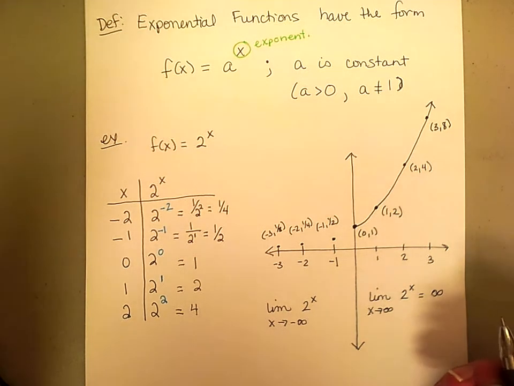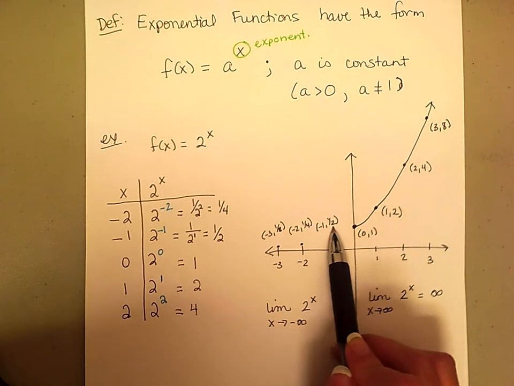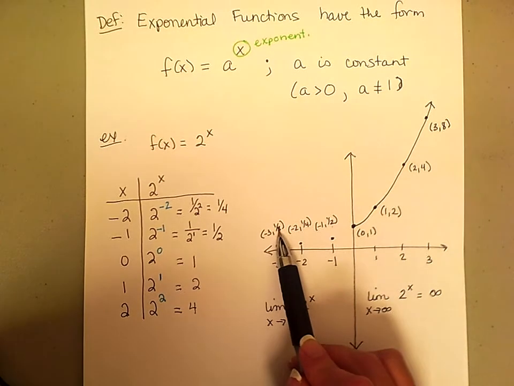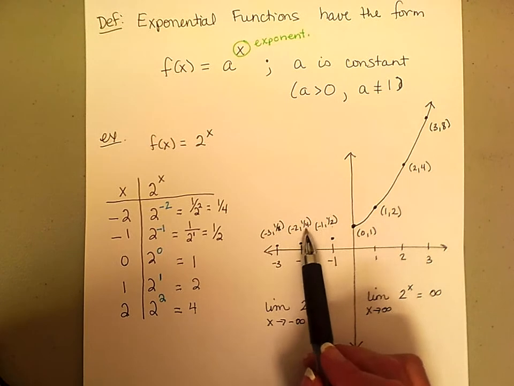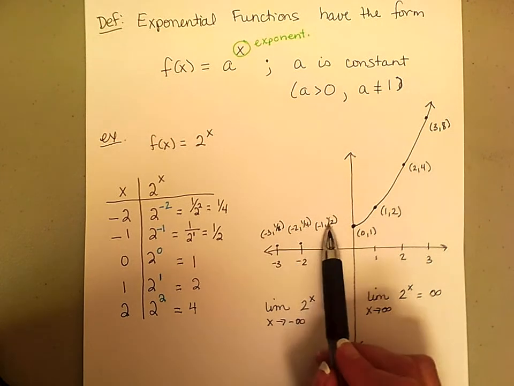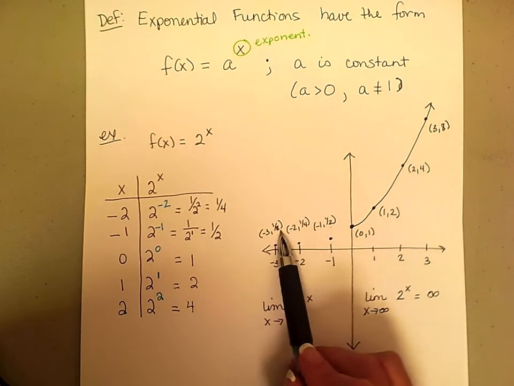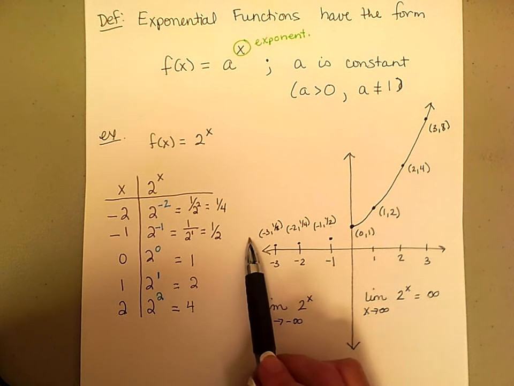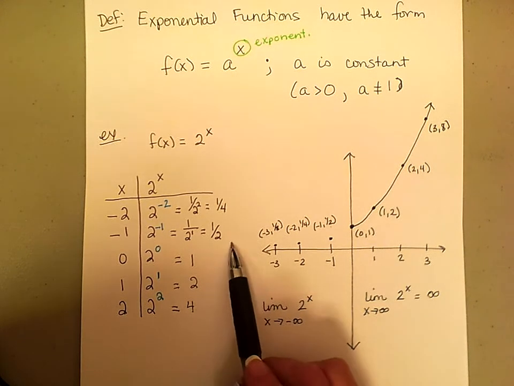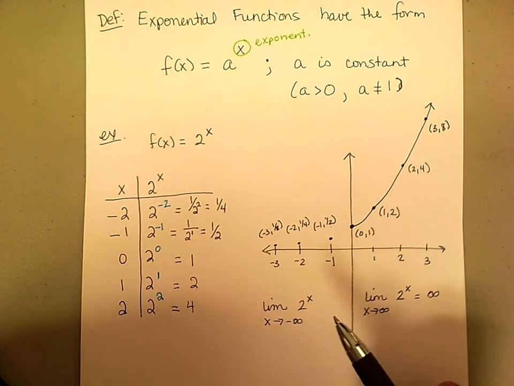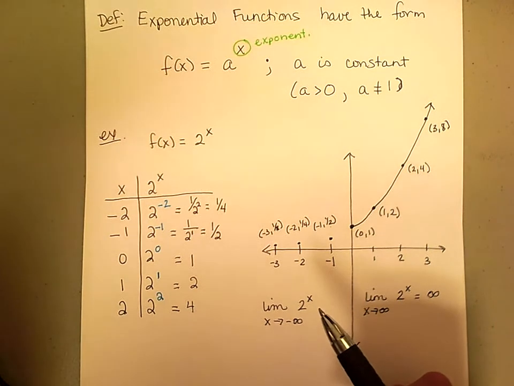Well, it's certainly not taking off to negative infinity, because every value is staying positive, yet it's getting smaller and smaller and smaller. This is half of that, this is half of that. The next would be 1/16, 1/32, etc. So these numbers are getting smaller and smaller.